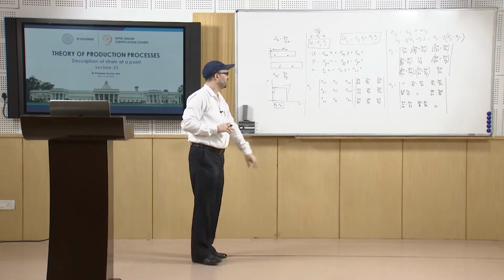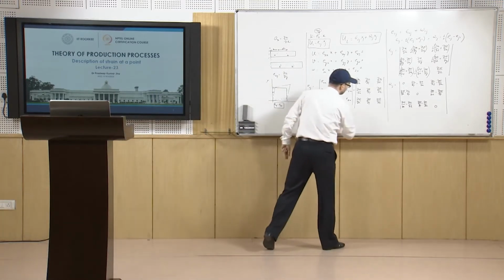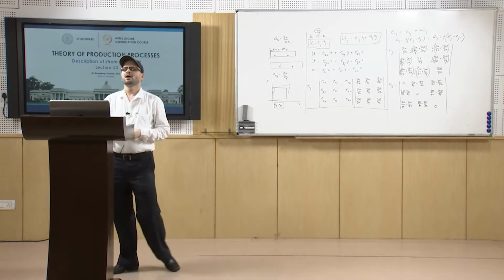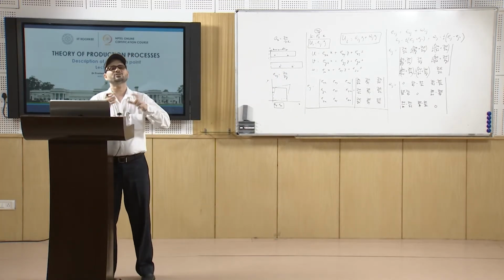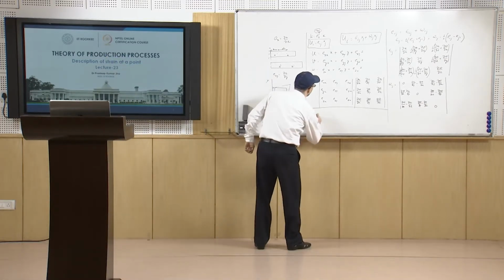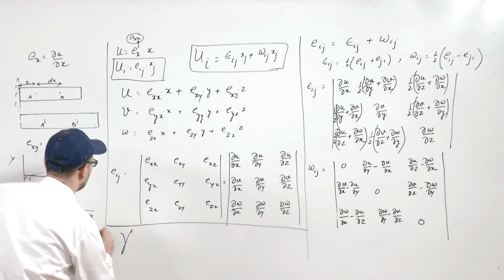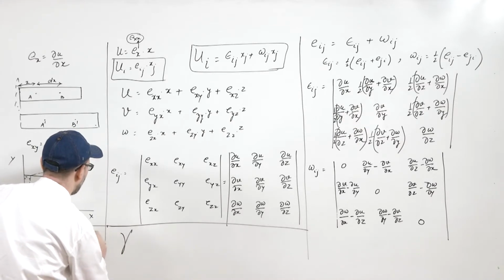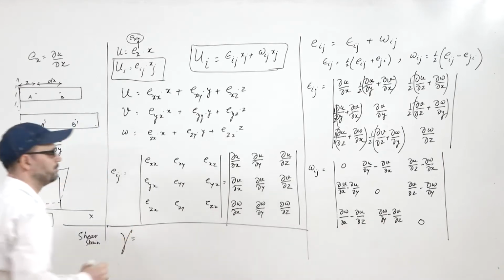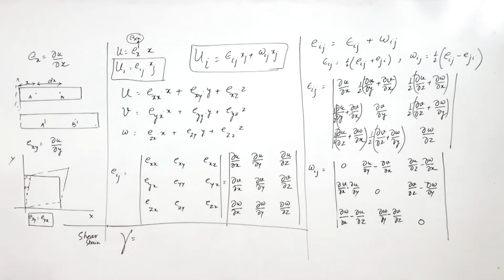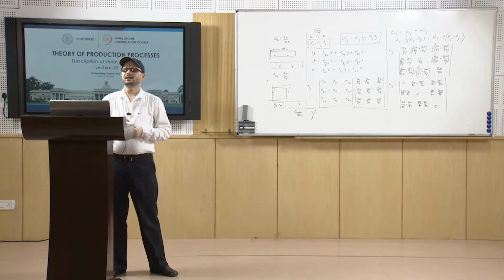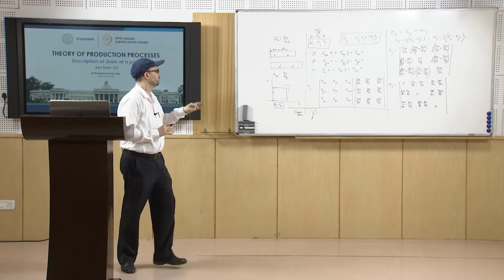So if you define that shear strain gamma, that will be Exy plus Eyx.